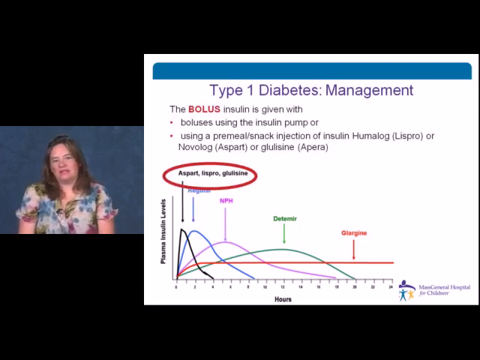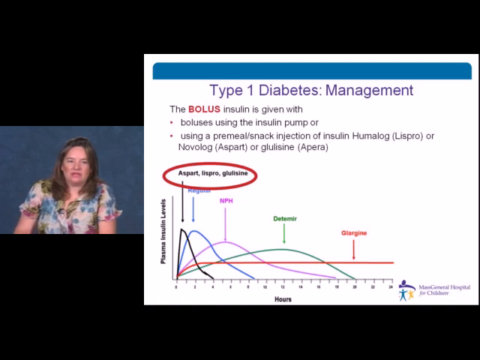The bolus insulin is given using rapid-acting insulin, either Humalog, Novolog, or glulisine, Apidra. And as you can see, this has a pretty quick peak, which matches the absorption of food pretty well. Certainly always better if it could be given a little bit before eating, and then has a much shorter tail.